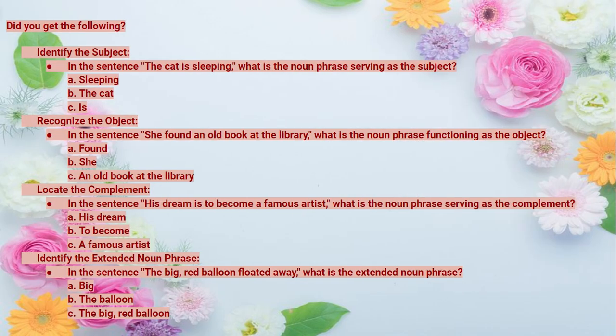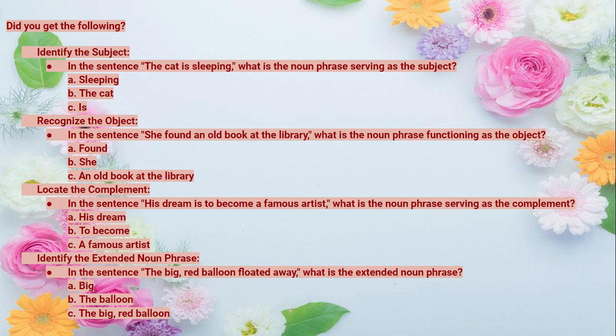Now that you have had some time to take the test, let's go over the answers. Did you get the following? Identify the subject in the sentence, the cat is sleeping. What is the noun phrase serving as the subject? If you said the cat, then you are correct. Recognize the object. In the sentence, she found an old book at the library, what is the noun phrase functioning as the object?